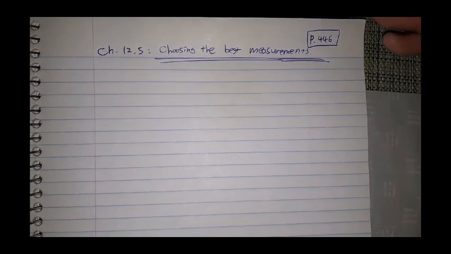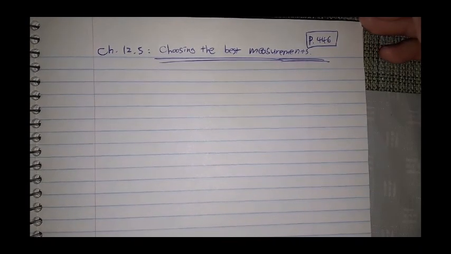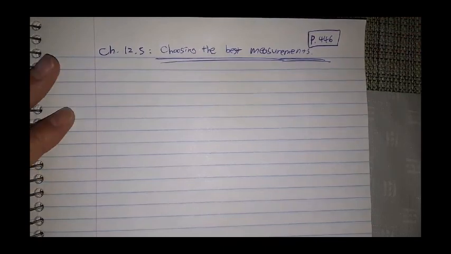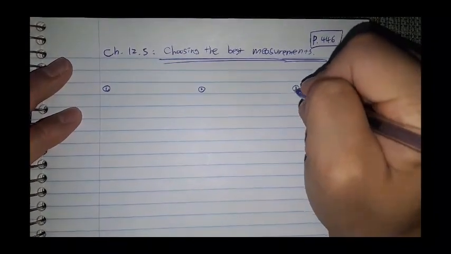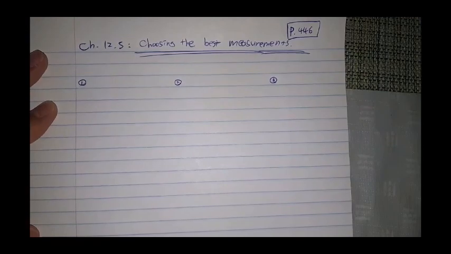Before we get into the best central measurement calculation method or any type of method, we need to understand that there are 1, 2, 3 different ways that we can calculate or identify the central tendency for your average.